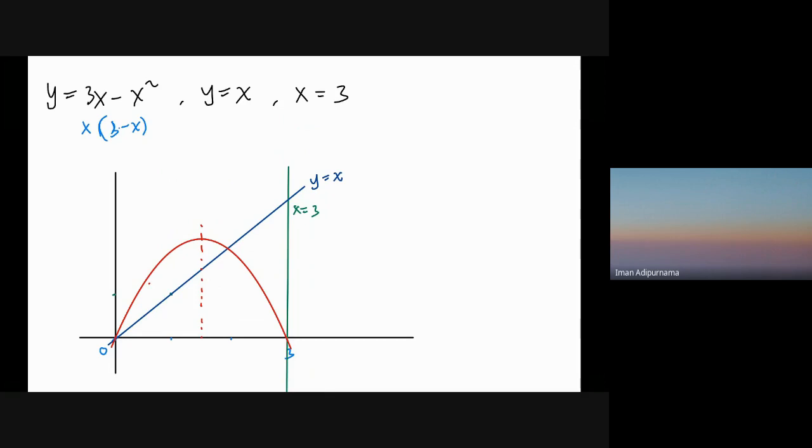The area that has three curves is just this, right? 1, 2, 3. The right part of the area, right? So this is our area. So we are only considering this area on the right.